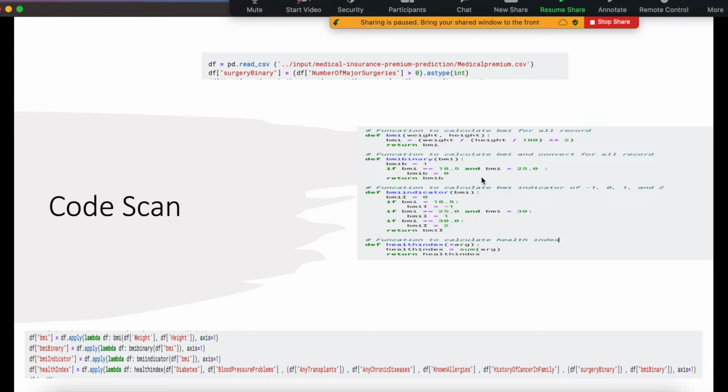If it is healthy, greater than 18 and less than 25, I'm considering him as a healthy person, or otherwise an unhealthy person. So I'm converting BMI into a lifestyle indicator. This is for my own purpose. I mean for data purposes I have converted it, whether it's 0, -1, 1 or 2.